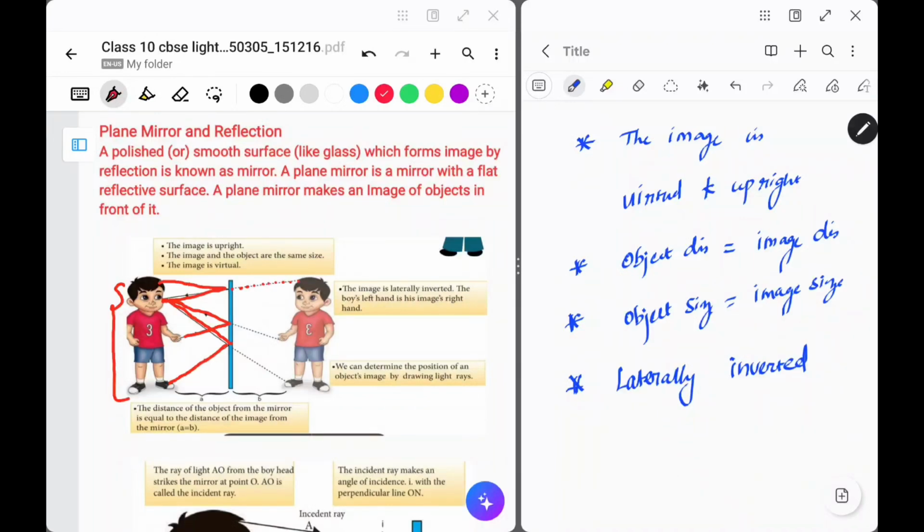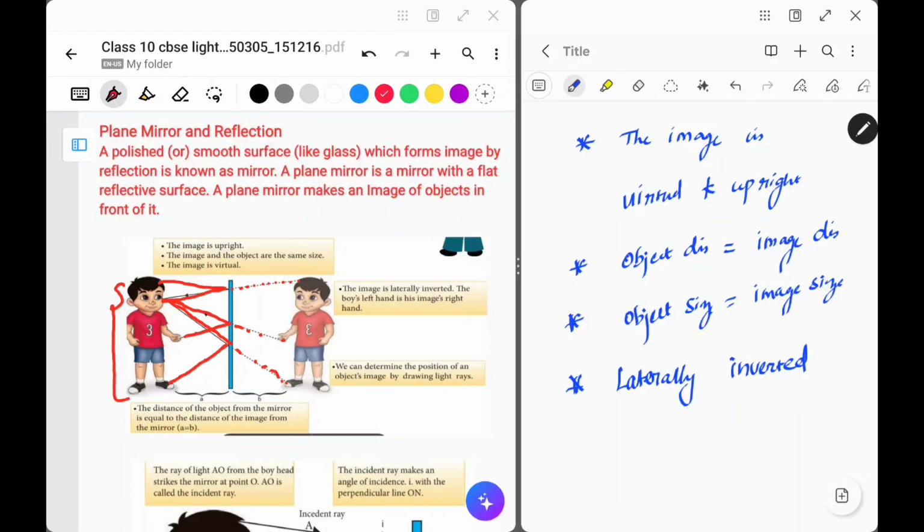Whenever we stand in front of a plane mirror, we observe that we are inside the mirror. Our brain imagines like that only. Because we always appear inside the mirror, we imagine likewise, correct? So when we extend all these lines, we can get an image of the boy, okay?